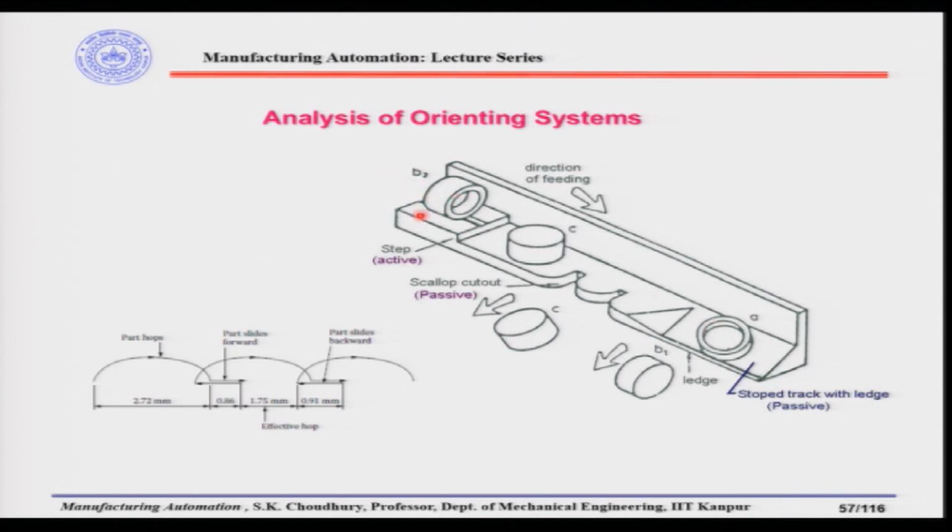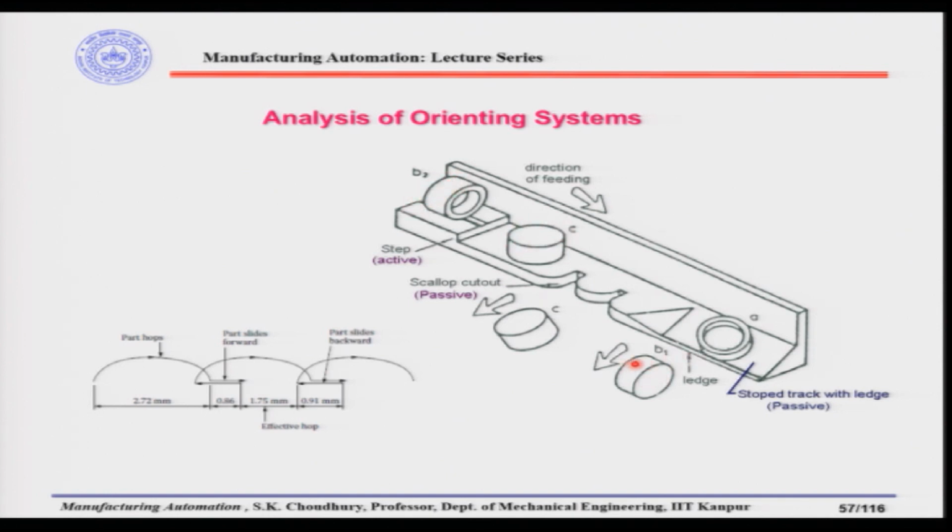One orientation is, let us say, A, where the heavier side is down. Another orientation is where the heavier side is up, or the heavier side can be to the left, or to the right.